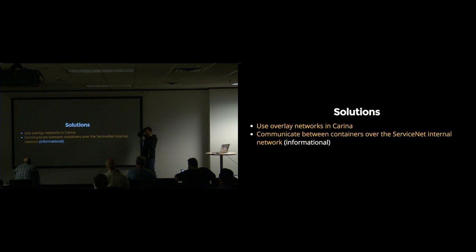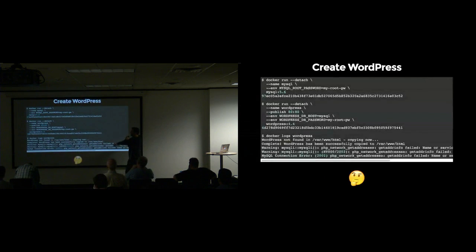So the solution here is to always use an overlay network. I can't recommend these things highly enough. They do a lot of good things for you. For example, they provide DNS resolution for the MySQL name. So it's a minimal form of service discovery, right?